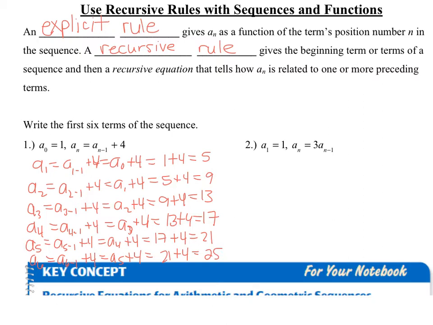So the first 6 terms of this sequence are 5, 9, 13, 17, 21, and 25.